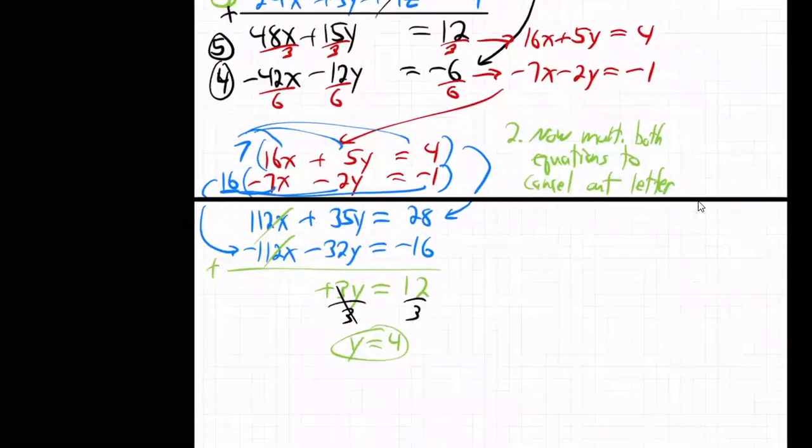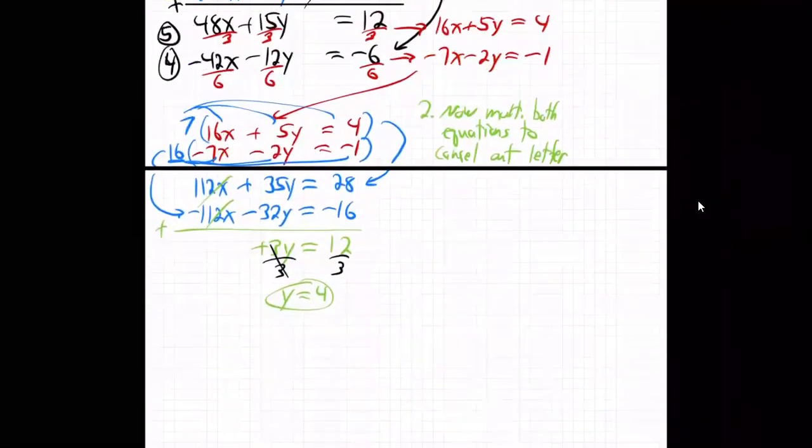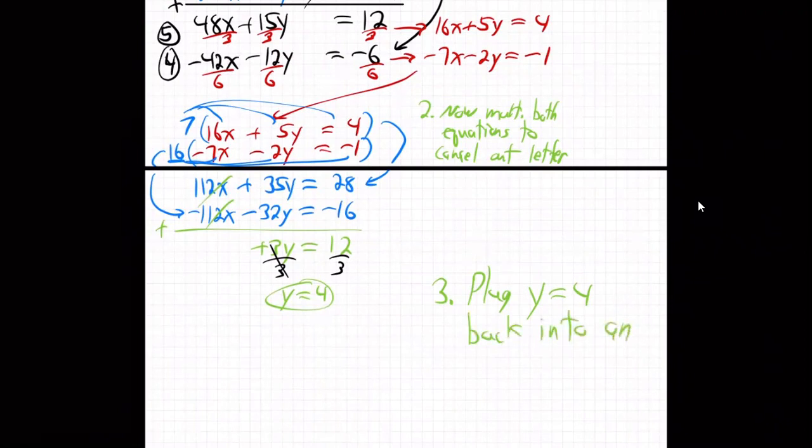Now, we're not done. We got to get the other letters. How are we going to get them? Well, the way we do this is actually we've got to be a little bit careful. Now, step 3. Plug y equals 4 back into an equation on step 2 with only 2 letters.